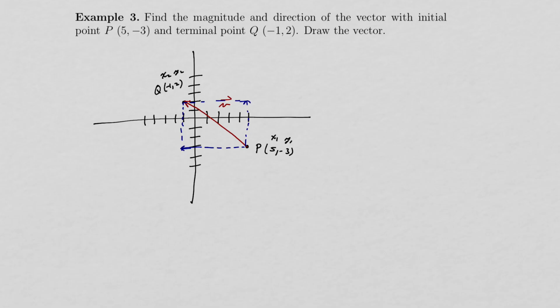It makes more sense, if you want to be really careful, to move the vector so that it's a position vector. So now I'm going to move it so that the P side is at the origin. Then if I draw it, I need an x component of negative 6 and a y component of 5.